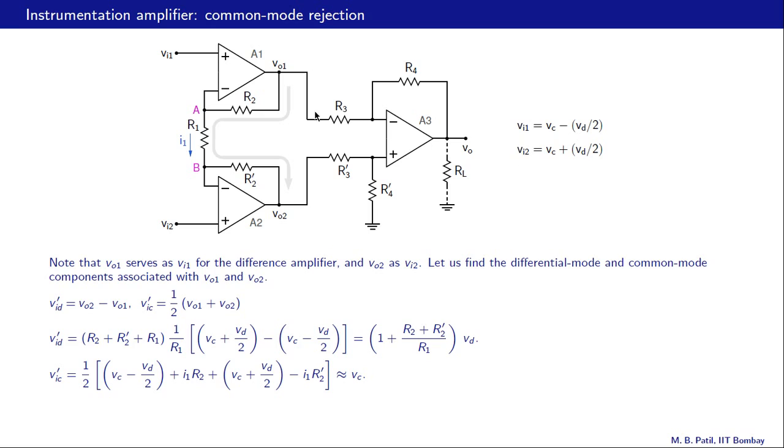When we come here, our differential mode input voltage has got amplified, by 1 plus R2 prime divided by R1, and this gain could be substantial, could be 20, could be 50, whereas our common mode input voltage has remained equal to VC, and that of course is a very big advantage. So in short, VD has got amplified but not VC, and therefore that leads to an overall improvement in the CMRR.